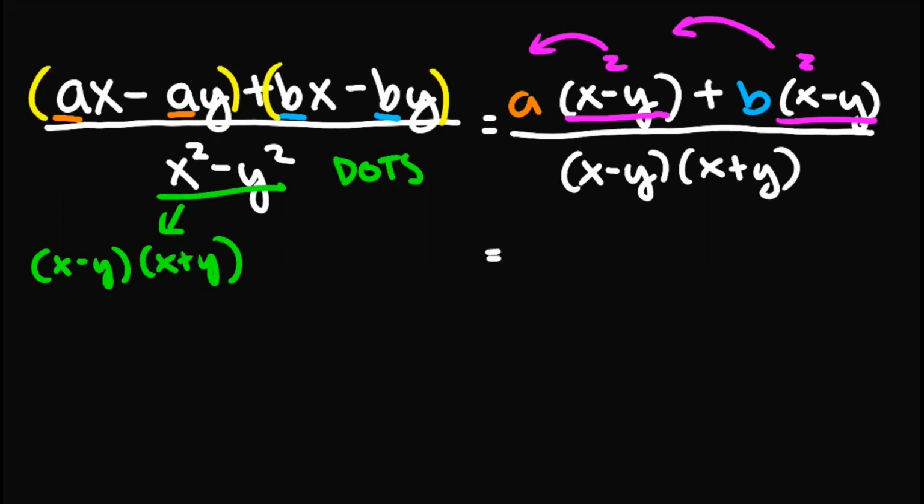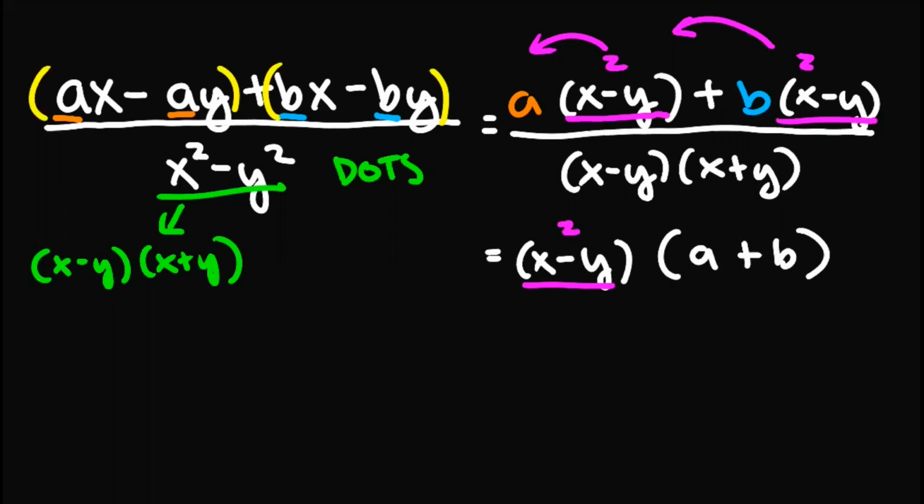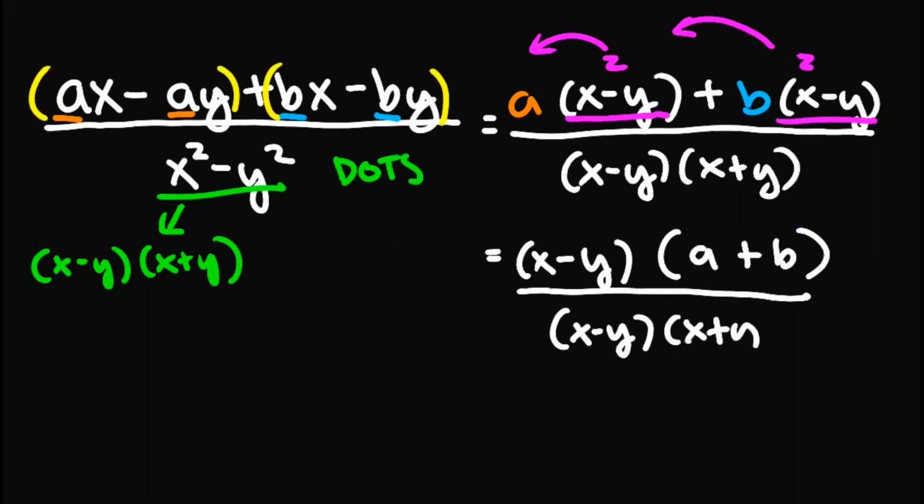So we'll have x minus y here times a plus b. x minus y is the one that we treat as one variable, and then a plus b out here is the one left inside. Basically, what we did is we applied the concept of factoring by grouping over x minus y times x plus y.